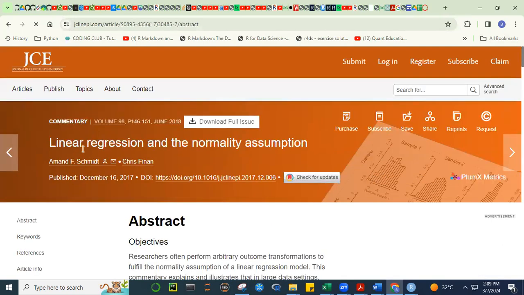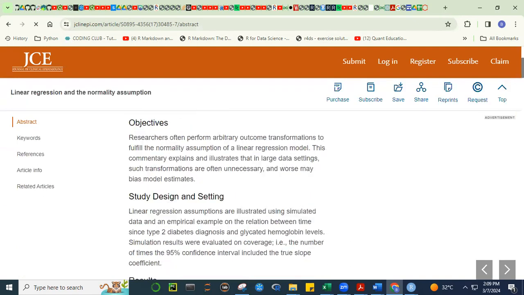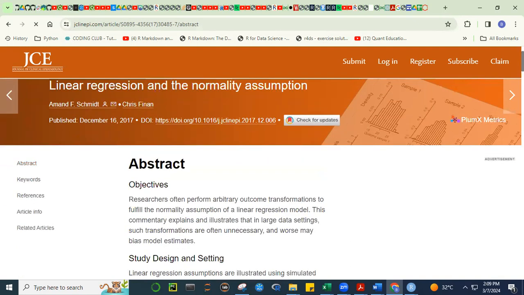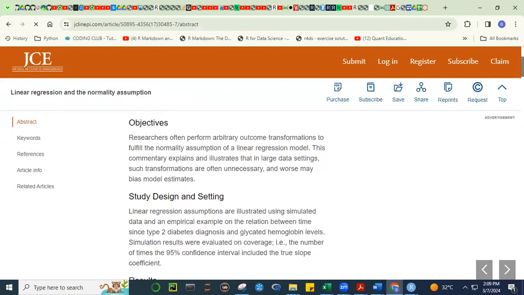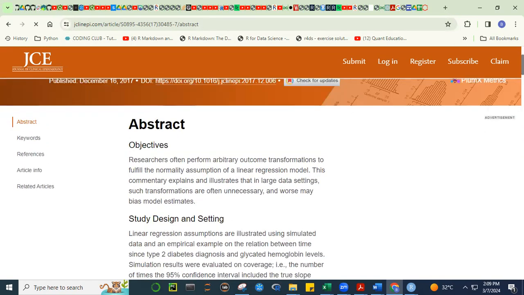Ito, class. So this is an article. Pwede mong i-download 'to, class. Doon kayo mag-research sa ProQuest natin, makukuha nyo 'to. Okay. So what is this research all about?